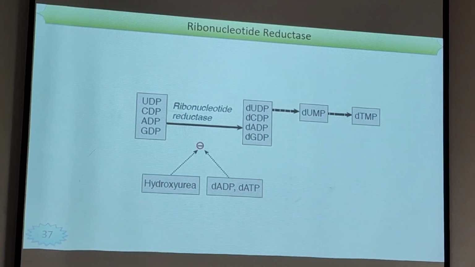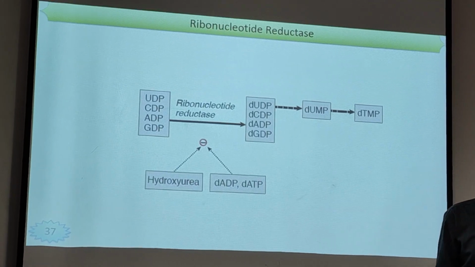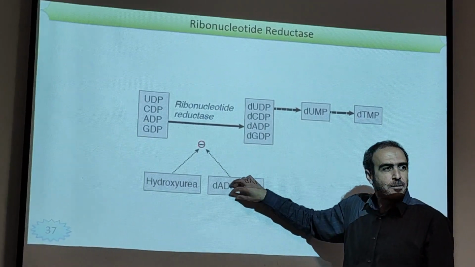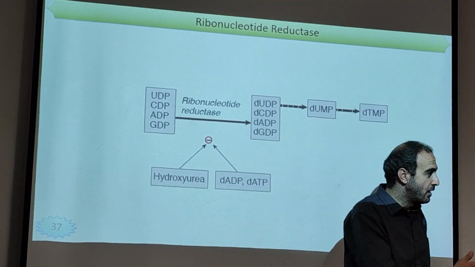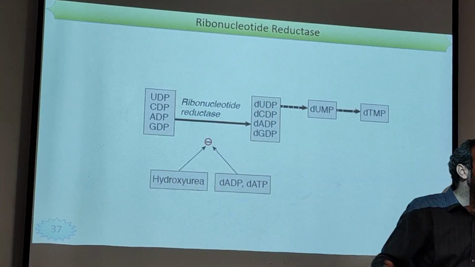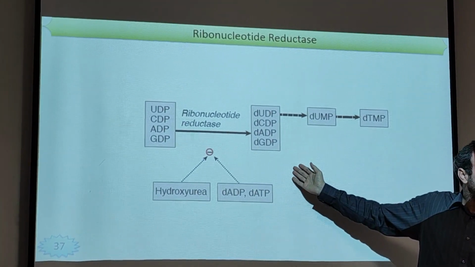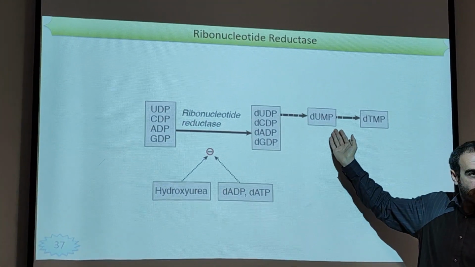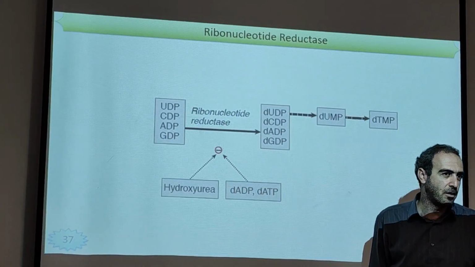Okay? So what happens if we cannot degrade the ATP and ADP? They lead to an increase, or decrease? Increase. Decrease the production, because they inhibit ribonucleotide reductase.